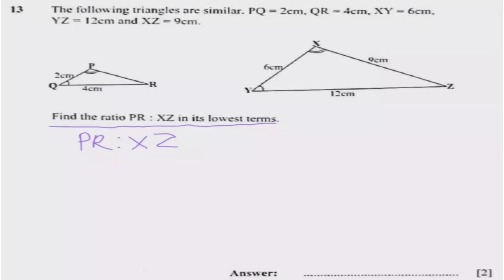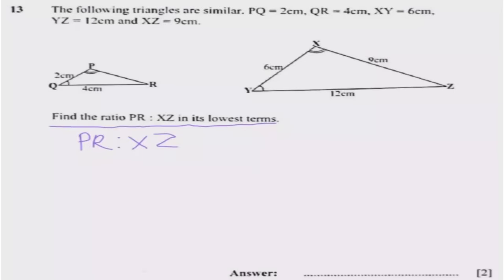The corresponding sides share the same ratio. So what I mean is this: PQ to XY has the same ratio as QR to YZ. The ratio is the same.